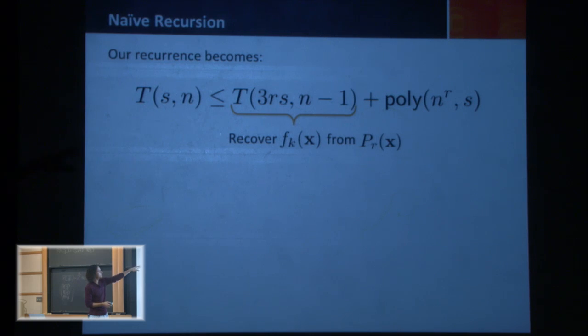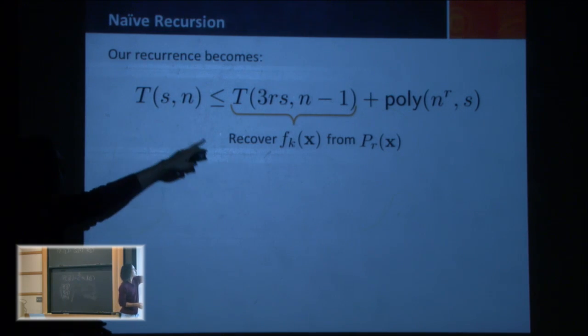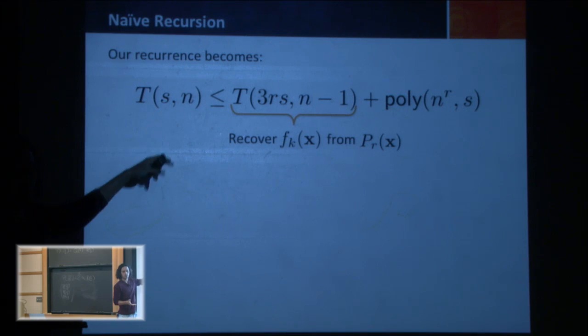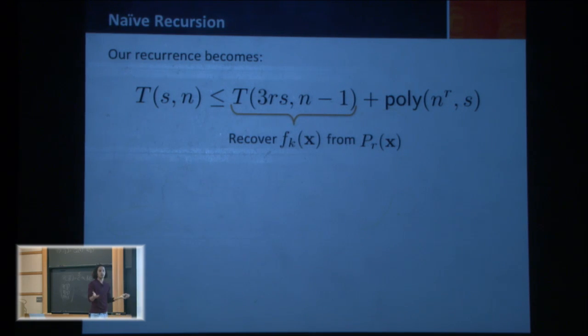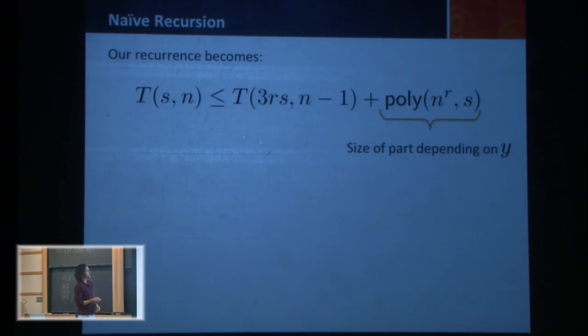And notice that this 3rs comes exactly from the fact that I need to perform this interpolation to obtain the leading coefficient p_r. So here, the size of the circuit computing p_r is bigger than the size of the circuit computing p, and that's the best that we currently know how to do. We don't know anything better than that. And the other term is the size of the part depending on y. So far, just think that we're going to extend the Wierspiegeldajow to work also with rational functions.